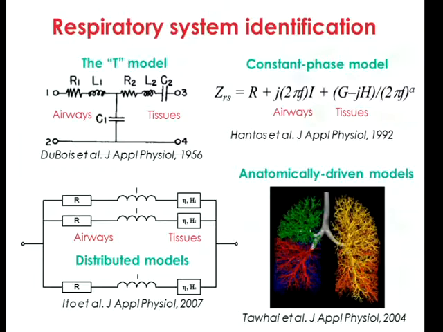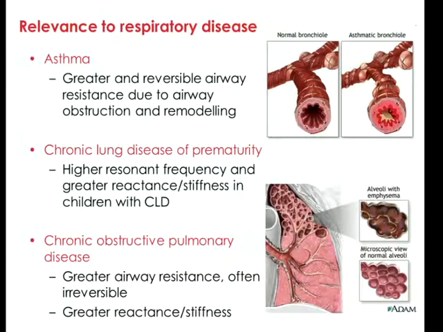Okay, so then, but force oscillation technique is something that has been increasingly used. At the Woolcock we use it a lot, and we've also demonstrated relevance to respiratory disease. So in asthma, for instance, we know that there's greater airway resistance in asthma because the airways are narrower, because the airways are inflamed. They've changed their structure because of constant insults.